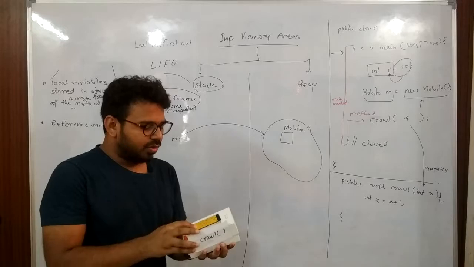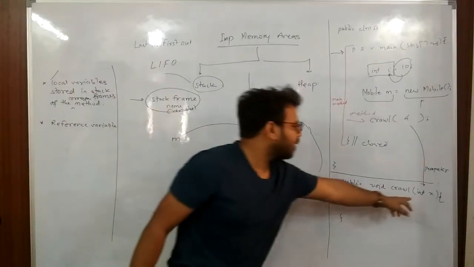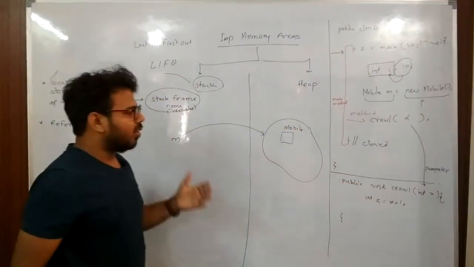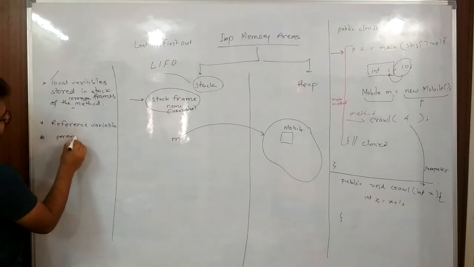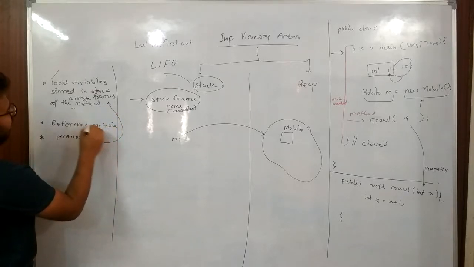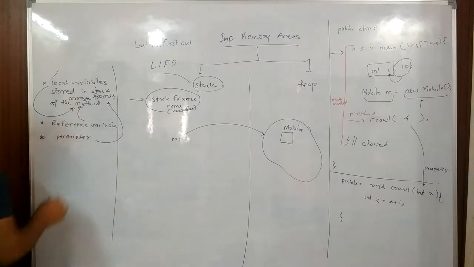A new point to be noted here is that a parameter is also created in the stack frame. Parameters, reference variables, and local variables are created in the stack frame.